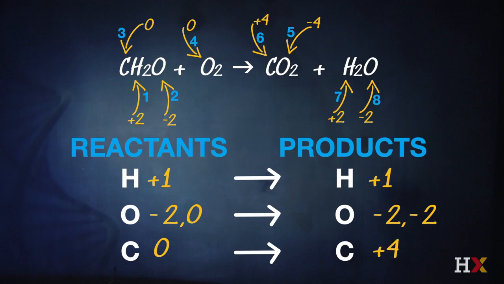So we can see immediately, in fact, the minute we saw that oxygen went from 0 to -2, we know we have an oxidation-reduction reaction. And that's substantiated when we looked at carbon, because carbon went from 0 to +4. So indeed, we've proved that the reaction of formaldehyde plus oxygen forming CO2 and water is indeed an oxidation-reduction reaction.